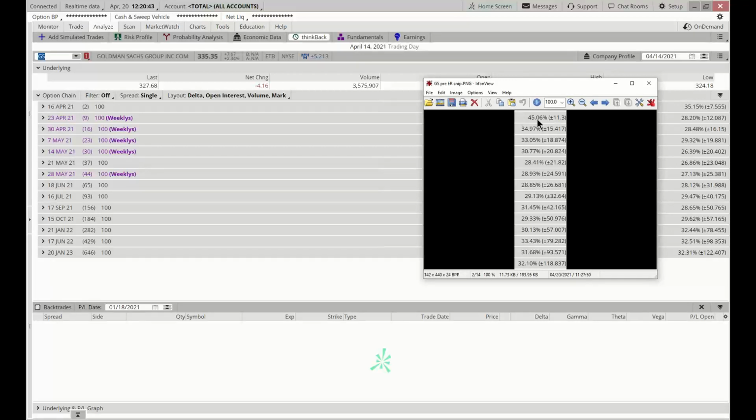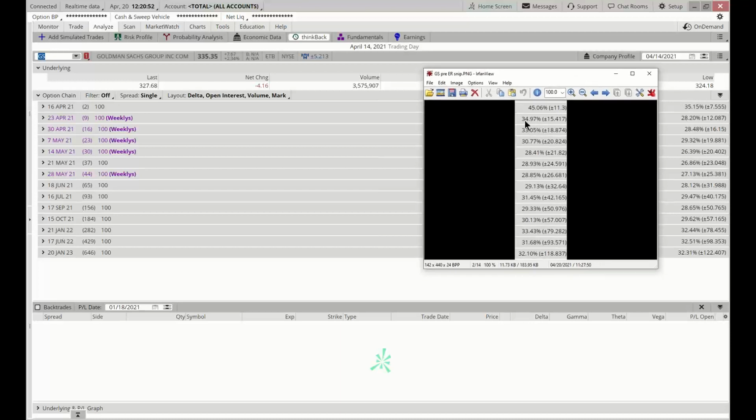And ultimately, these other weeks also saw a crush. Look at this next week. It went from 35 down to 28. This week went from 33 down to 28. This week went from 30 down to 29. Even the subsequent weeks going further out in time saw some IV crush.